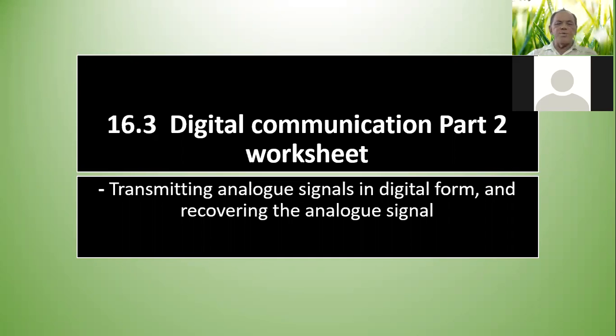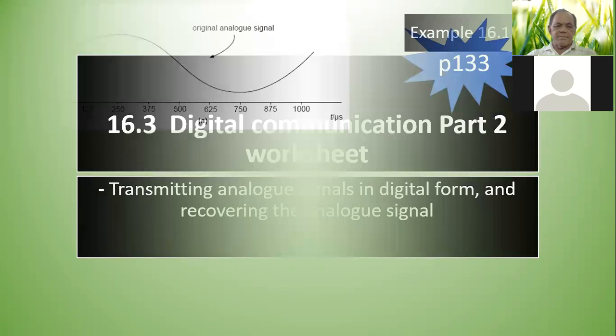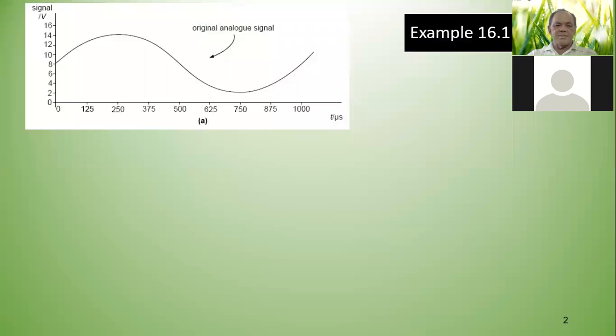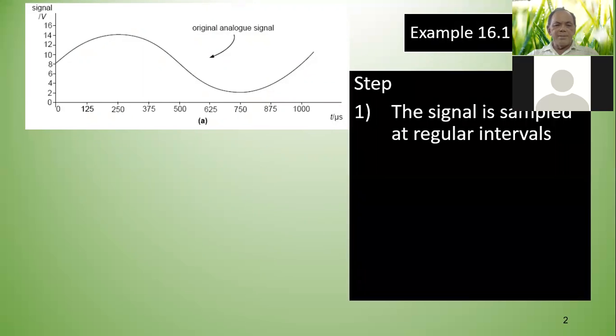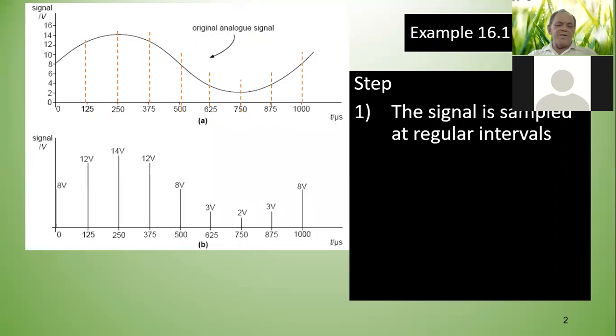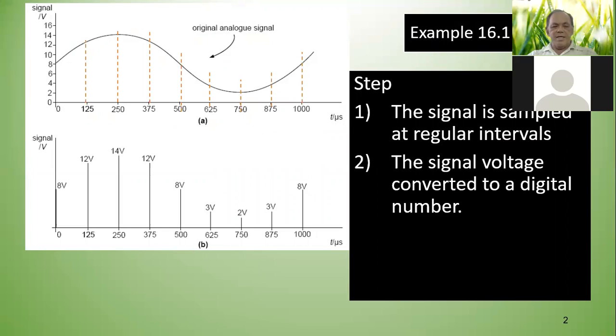Let's just review what we have done previously. We have an analog signal. The first step is to sample the signal at regular intervals. That means read the graph at regular intervals. We call it the sampling rate. And we get the value at each particular time.